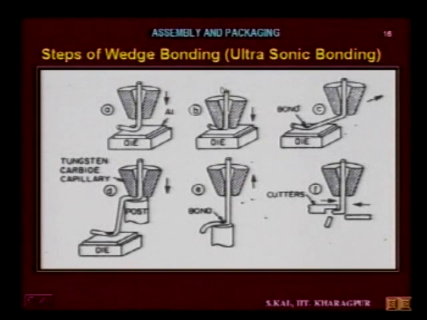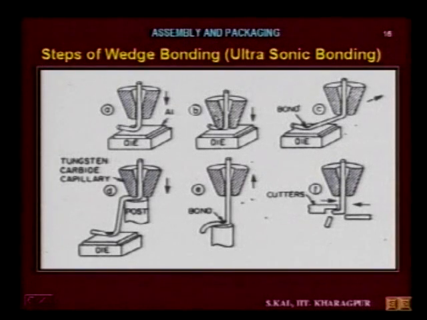Then it puts some pressure on the wire using ultrasonic energy, using ultrasonic agitation. So here, ultrasonic agitation and the pressure of the bond head deform the wire and it forms a wedge.